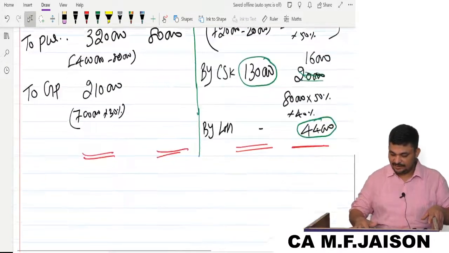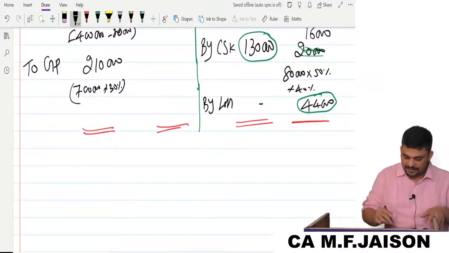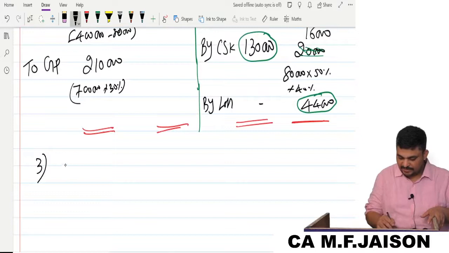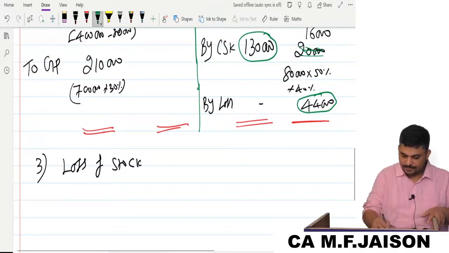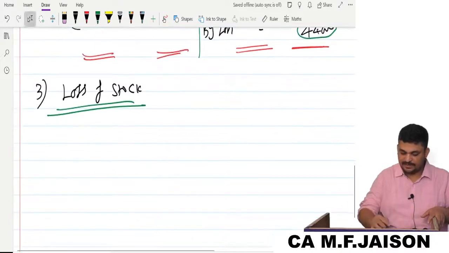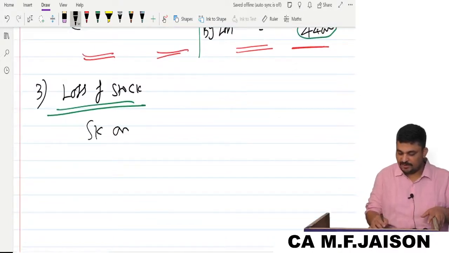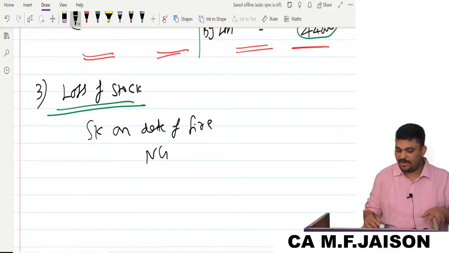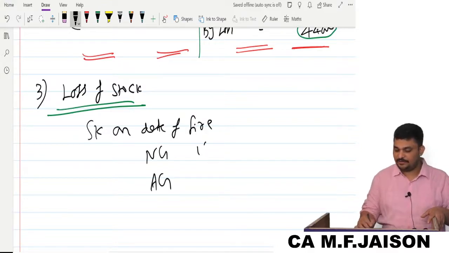Proceeding further. So now we have the third step. What is the third step? So it is loss of stock. As far as loss of stock is concerned, we have stock on date of fire. We have normal goods and abnormal goods. Normal goods how much? 1,30,000. Abnormal goods how much? 16,000.